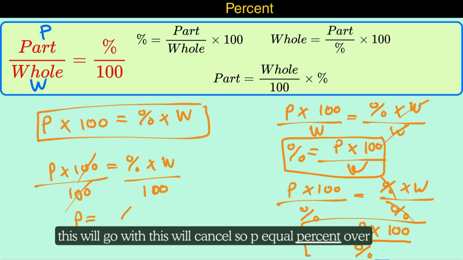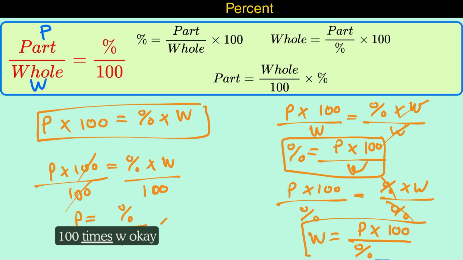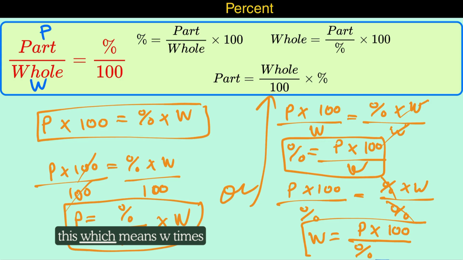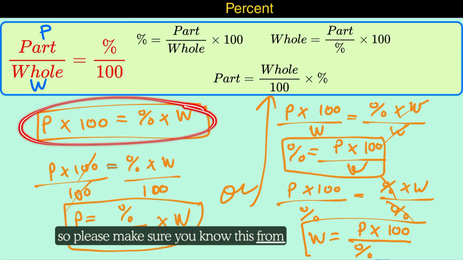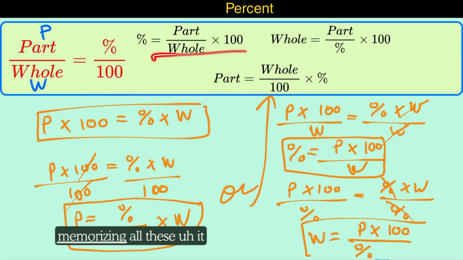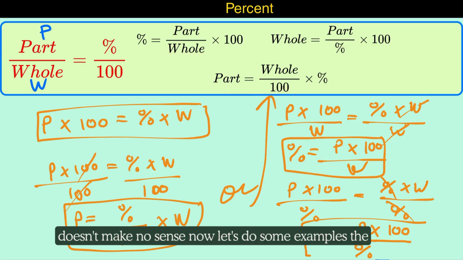So, P equals percent over 100 times W. Okay, or this or this, which means W times percent over 100 is the same. Okay, so please make sure you know this. From here, you're going to get all these. Because memorizing all these doesn't make sense. Now let's do some examples.